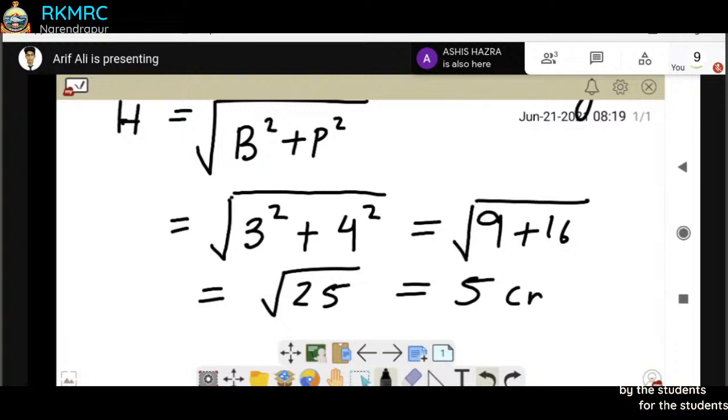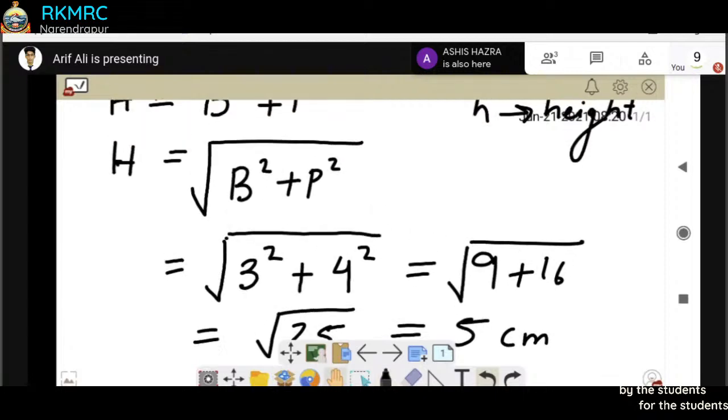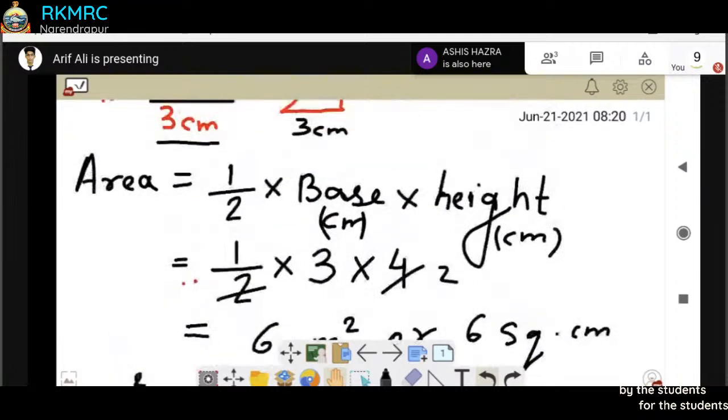Now we will not write centimeter square, we will just write centimeter, because we are not multiplying anything, we are just adding. That's why the quantity of this length will be in centimeter, not in centimeter square. So 5 centimeter is your hypotenuse.